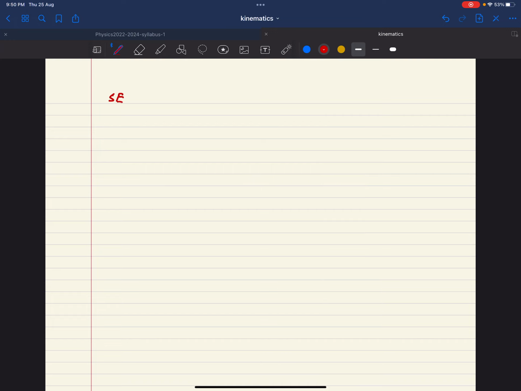Second equation of motion. Here we will start from the concept of our basic equation.